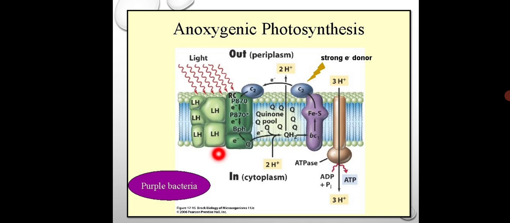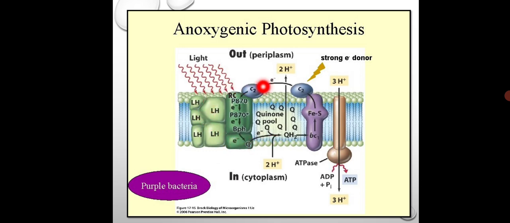As discussed earlier, in eukaryotes a different site is there, in prokaryotes a different site. The different reaction centers are embedded in the cell membrane.